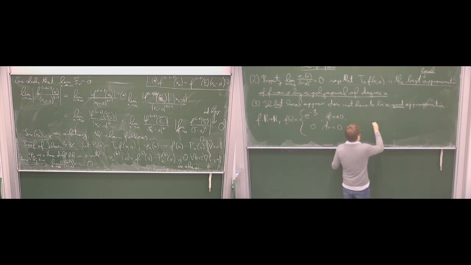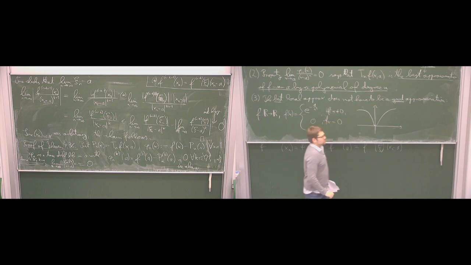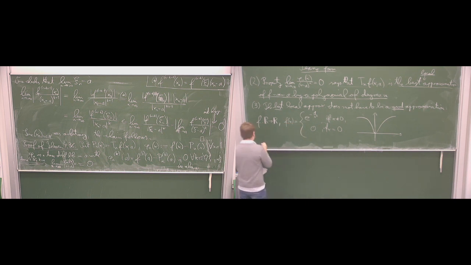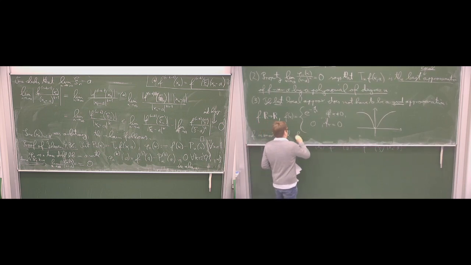Now one checks that the graph of this looks roughly something like this, which goes down very fast, takes a slight turn, and goes back up again. So it just has this kind of kink in the middle. The important thing here, which is non-trivial and which I won't prove here, is that f is indeed smooth with this definition, and it follows that the kth derivative of f in 0 is always 0.